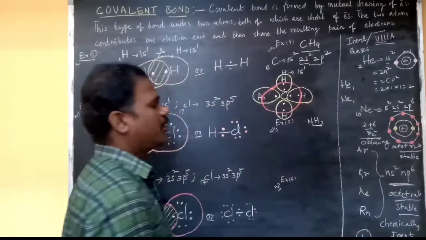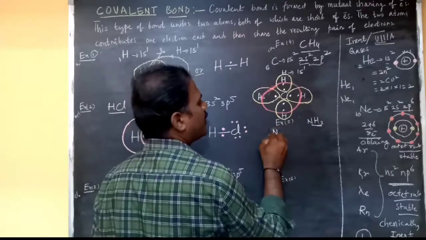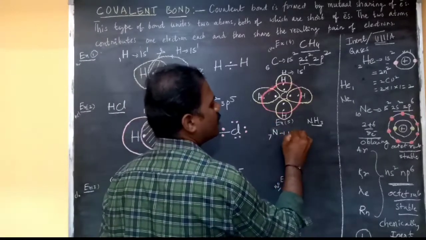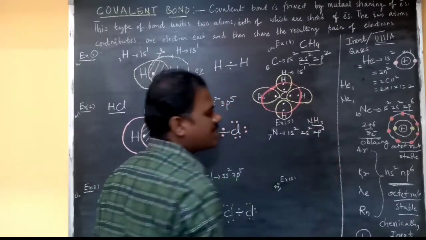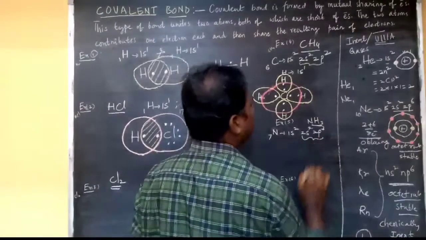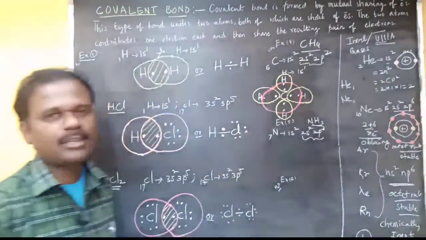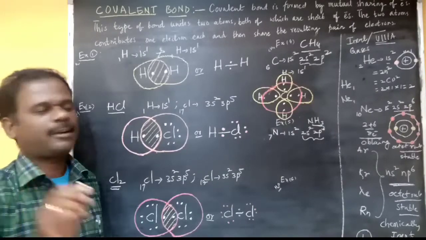Ammonia. In this ammonia, nitrogen is the central atom. Nitrogen, atomic number 7, has the electronic configuration 1s2, 2s2, 2p3. Here 2s2, 2p3 is known as the valence electronic configuration. The total number of valence electrons is equal to 5.